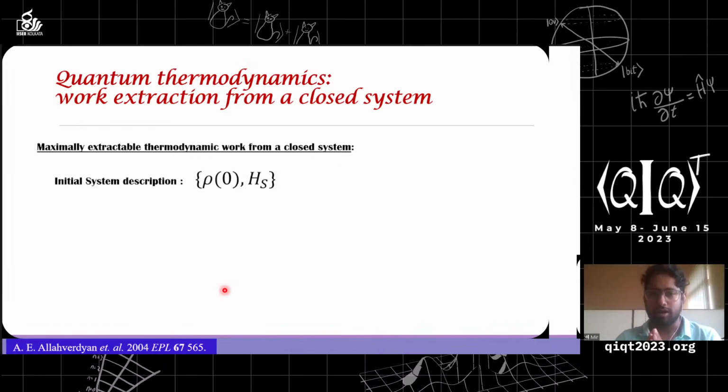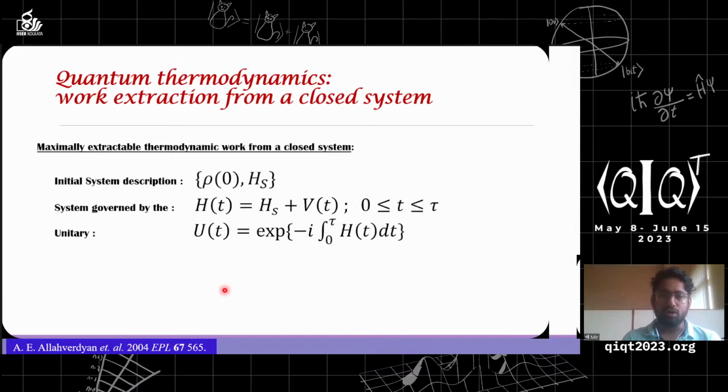So if you want to extract work maximally from a quantum system, how much work you can extract is characterized only by unitary operations. That means if your initial state has this much energy, after applying unitary operations, which are the only valid operations, how much energy can you decrease in the final system. So that's why only evolution.